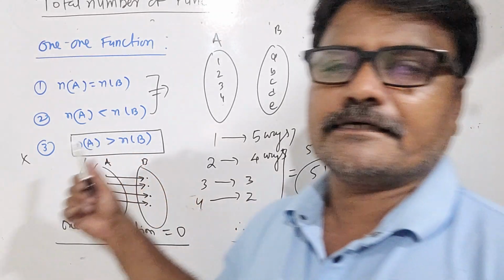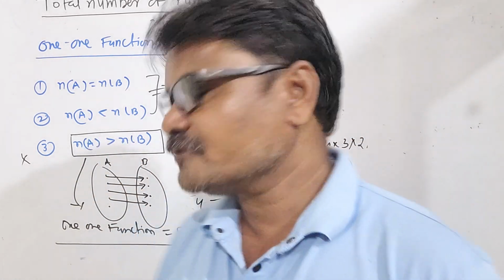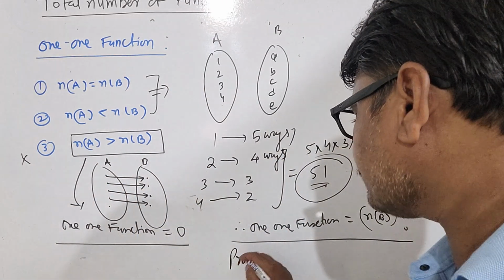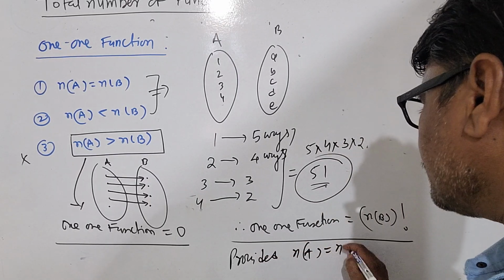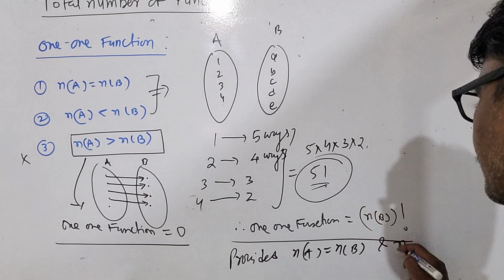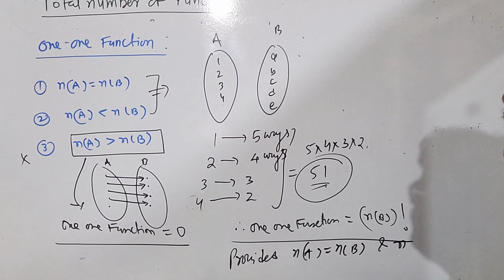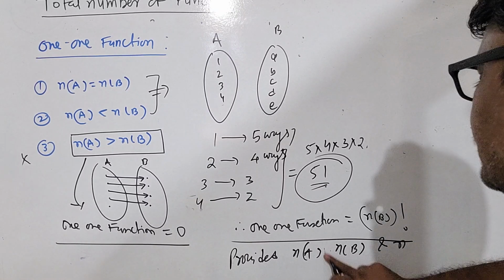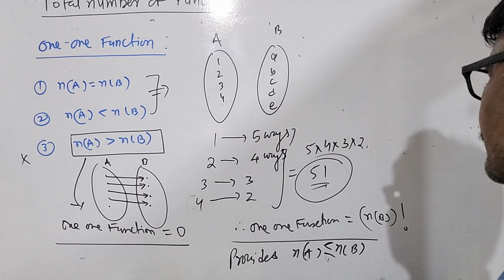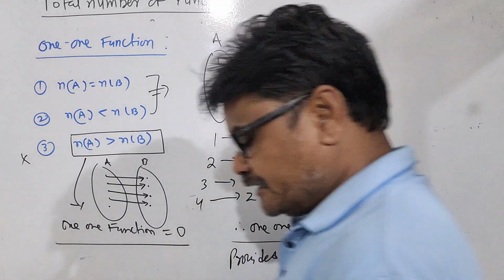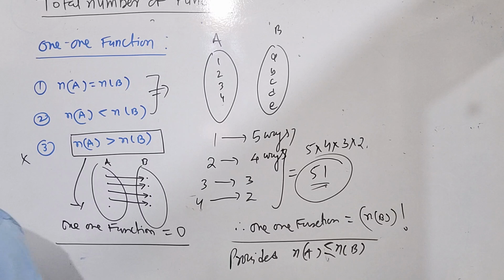This case is not there: n(A) is greater than n(B). So here you can also write provided n(A) is less than or equal to n(B). That is, when n(A) is greater than n(B), then the total number of one-one functions is 0. I hope that this concept is also clear.